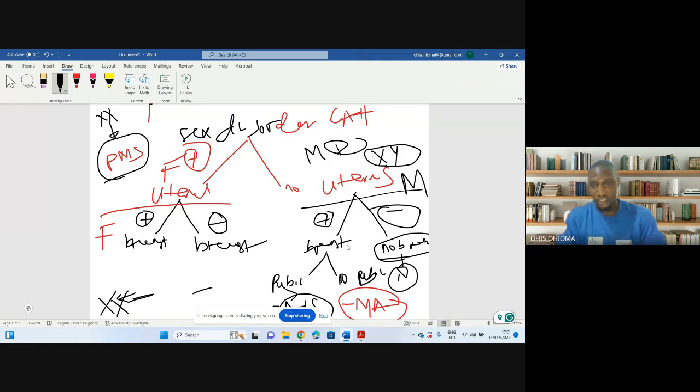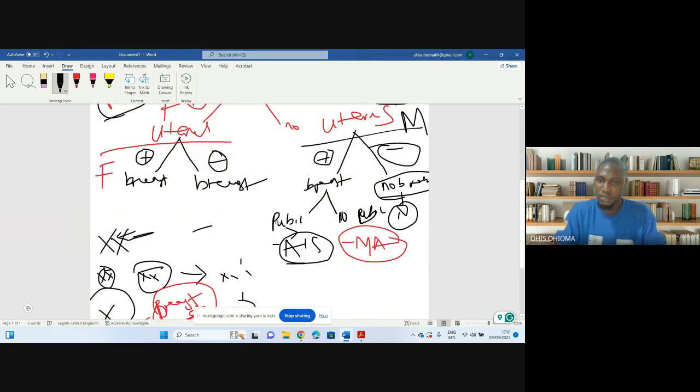If this patient has a breast, the next thing you want to ask yourself is, why is this patient having a breast? It could only mean two things. It's either androgen is not being produced, which is the most likely cause, or androgen is being produced and this patient is not responding to androgen. So the next thing you want to check is, does this patient have pubic hair?